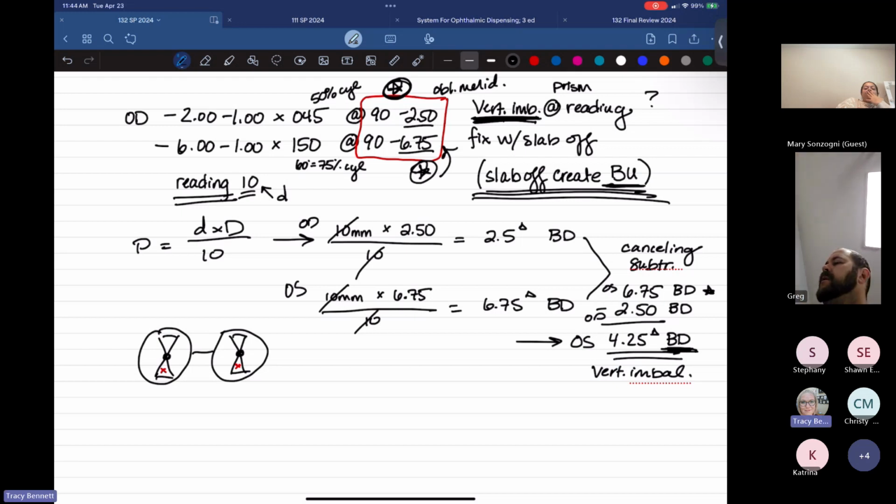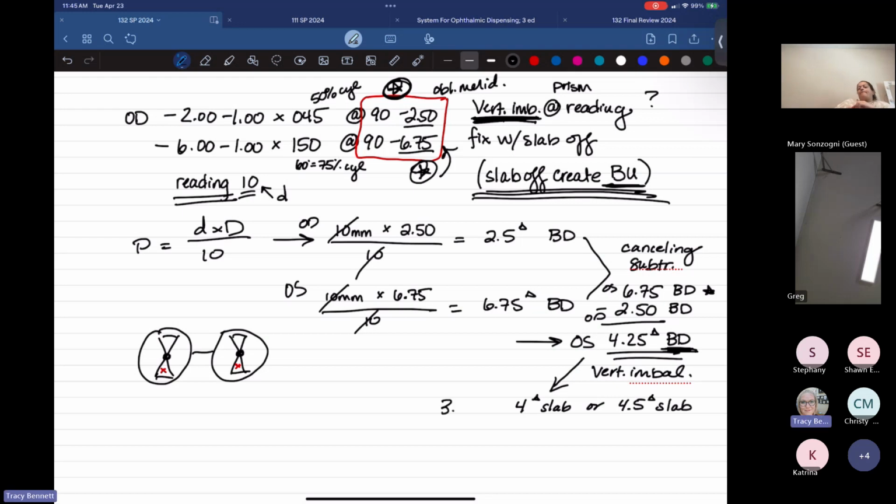So we could just put in, and remember with prism, with slab offs, you can only do wholes and halves. So our option would be either a 4 diopter slab off, or we could go with a 4.5 diopter slab off. That's kind of how they go.